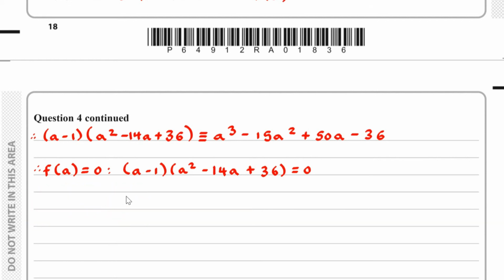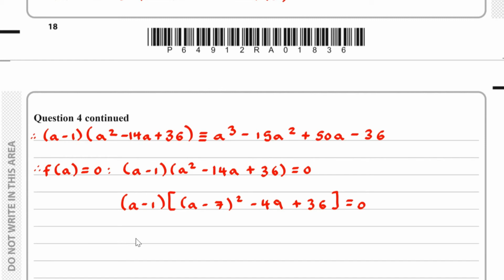Rather, if I attempt to complete the square, I've got a minus 1 multiplied by a minus 7 squared subtract 49 plus 36 equals 0.